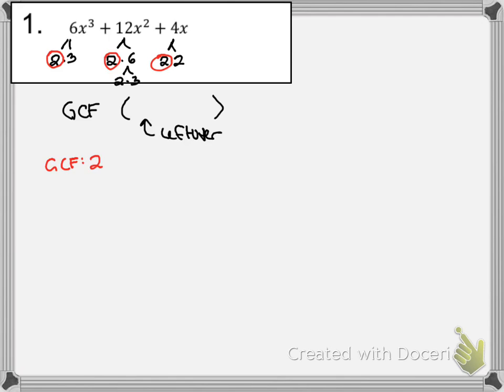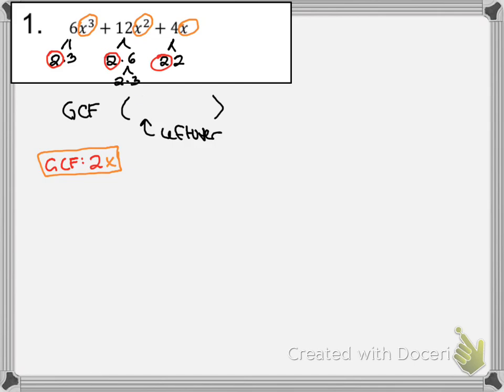And for the variables, we have an x cubed, an x squared, and an x. Remember, we choose the lowest exponent of that variable. In this case, that's going to be x. So we know that our GCF is 2x.